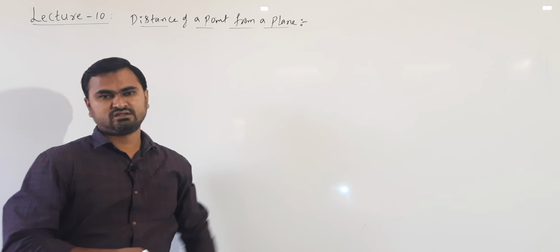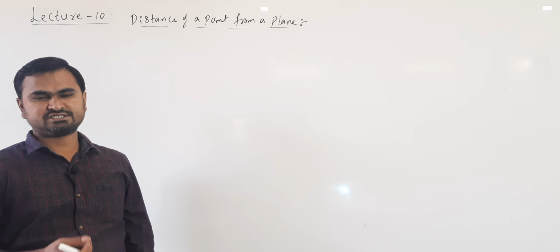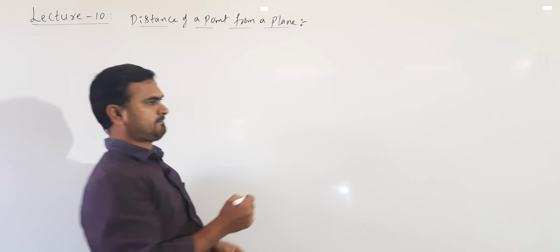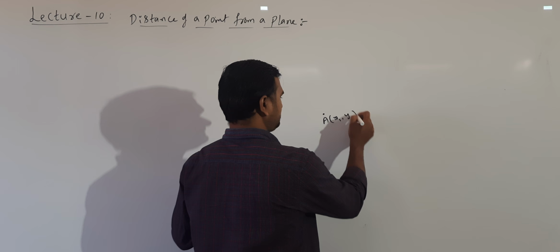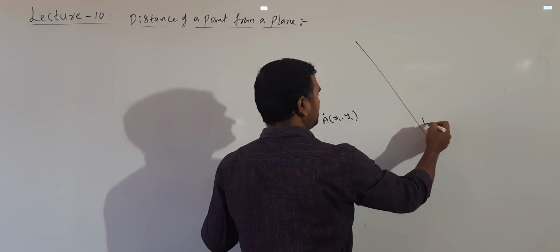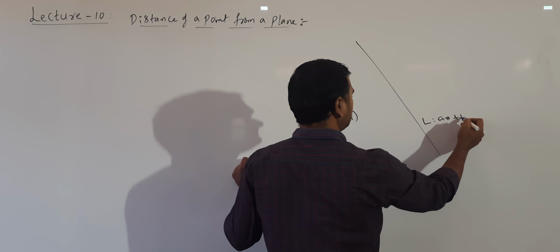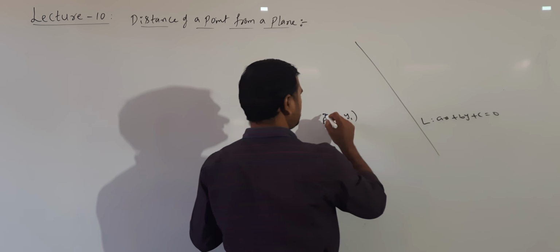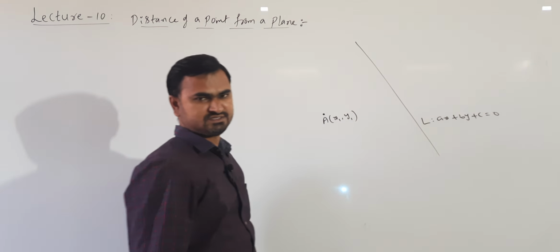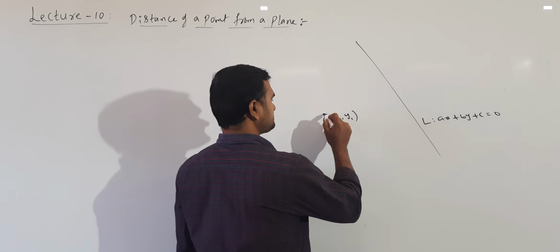Now first we study in 2D geometry, the distance of a point from a line, which we studied. Suppose a point is given, A(x1, y1), and there is a line L with the equation ax + by + c = 0. The distance of the point from the line means we have to take the perpendicular distance.